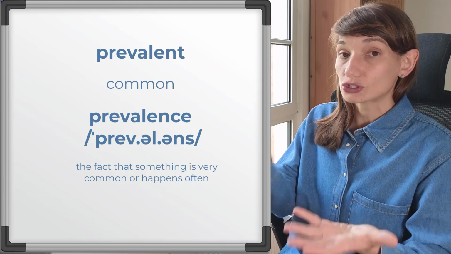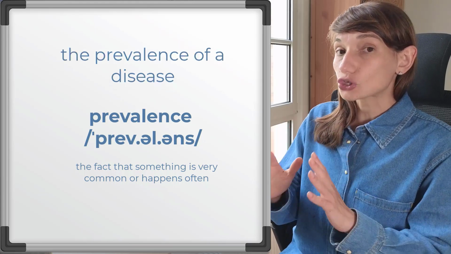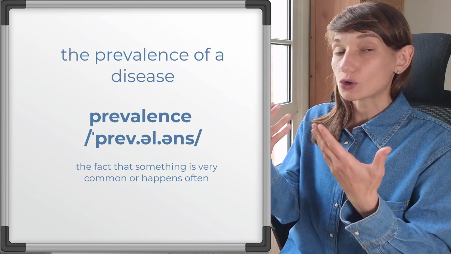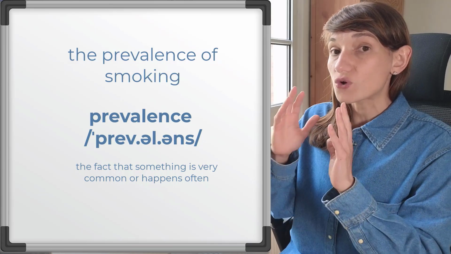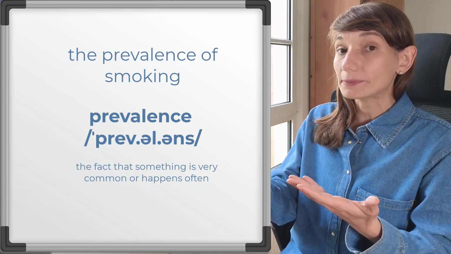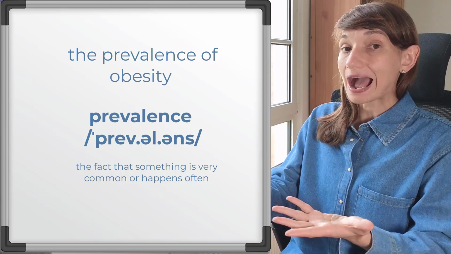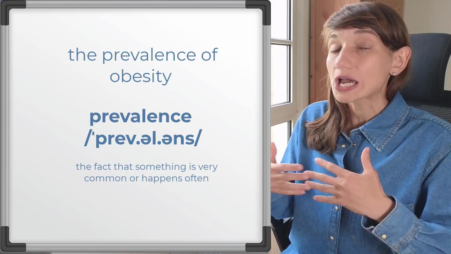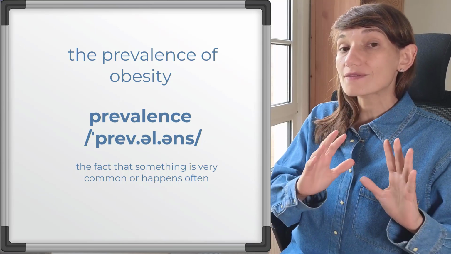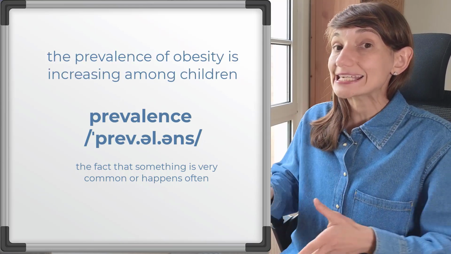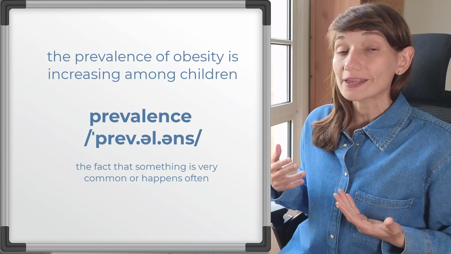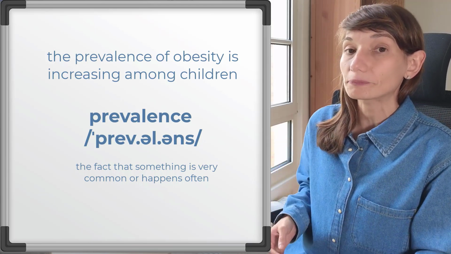So we can say the prevalence of a disease or the prevalence of smoking, how many people smoke, or the prevalence of obesity, how many people are overweight or obese. The prevalence of obesity is increasing among children, for example.